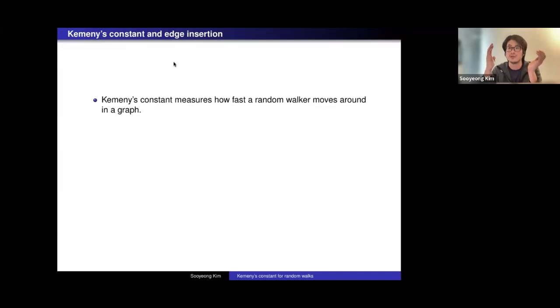Our intuition would be that when we add an edge, we might expect that Kemeny's constant decreases, because that's going to be a really well-connected graph in some sense, but it's not always so. So does Kemeny's constant decrease after adding a new edge?